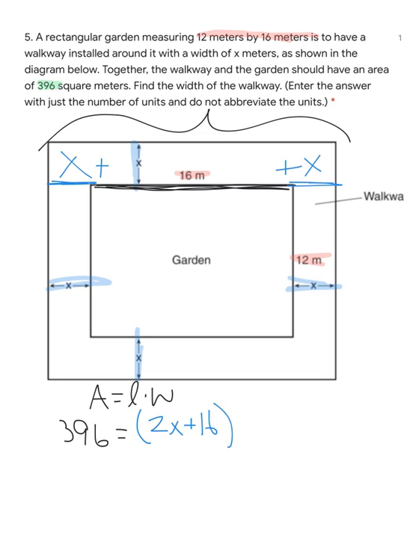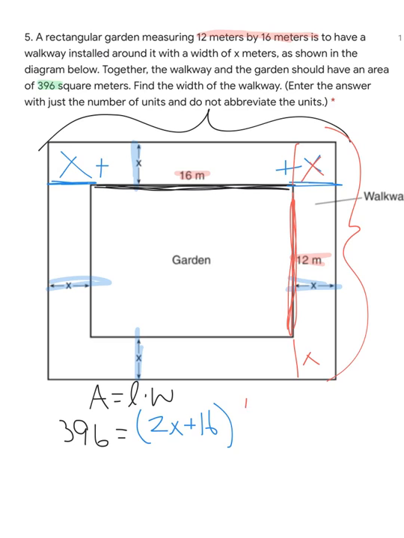Now, we have to write an expression for the width, and by width, we're referring to how wide the object is. From here to here is 12 meters, so the width of the garden is 12. And then take into account that there's an additional x meters wide on the top and the bottom for that walkway.